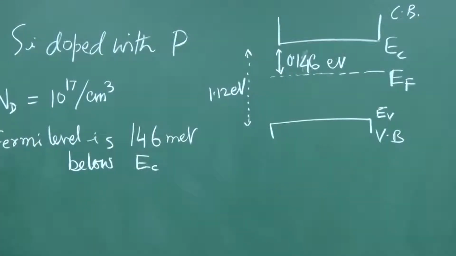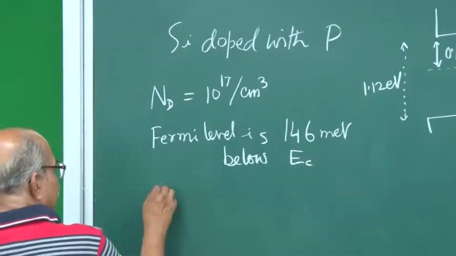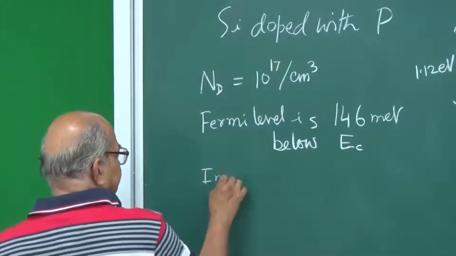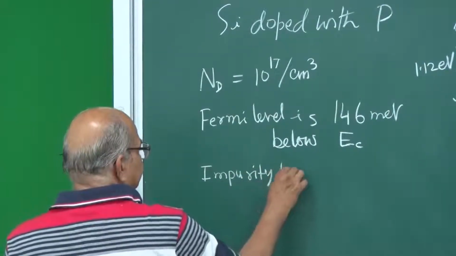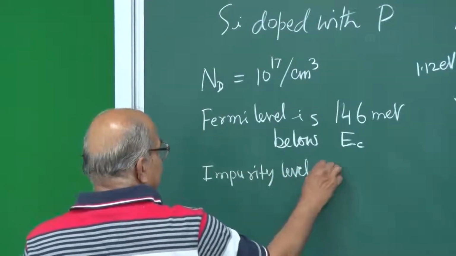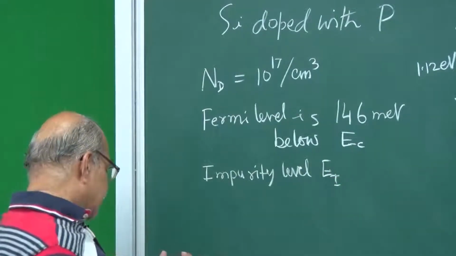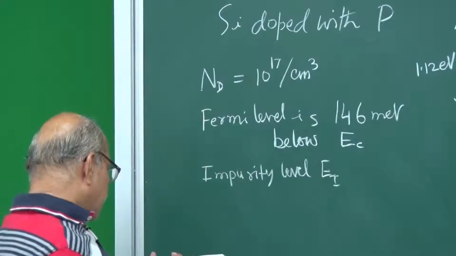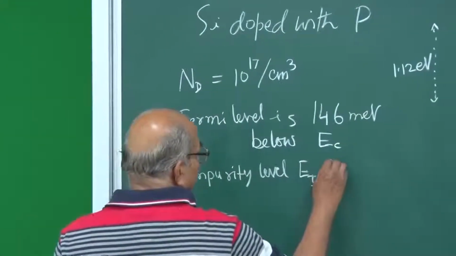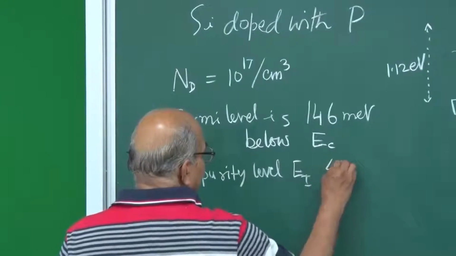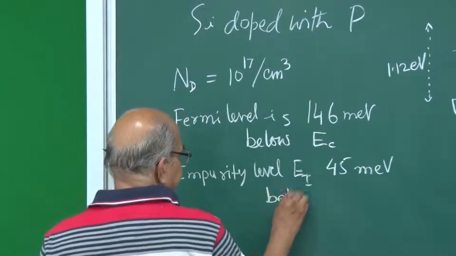And then another data is given, that ED, the donor impurity level, which you can call E impurity, is 45 meV below EC.